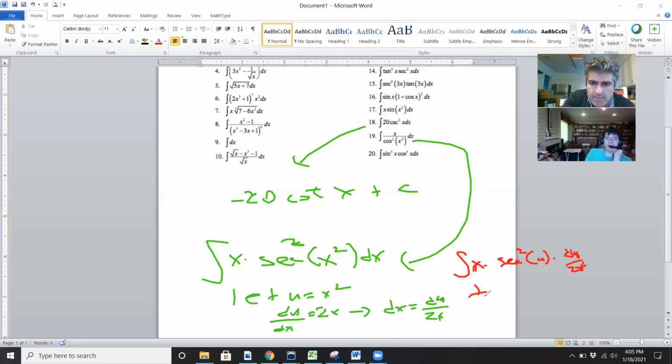So it's 1/2. Just secant squared is tan. So it's 1/2 tan u plus c, and then you bring the x squared back in. So that's that one.